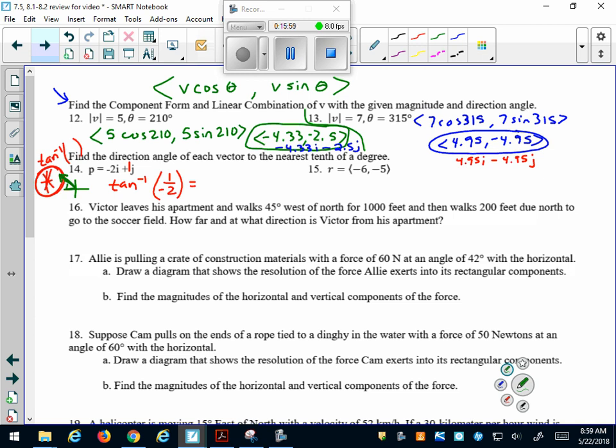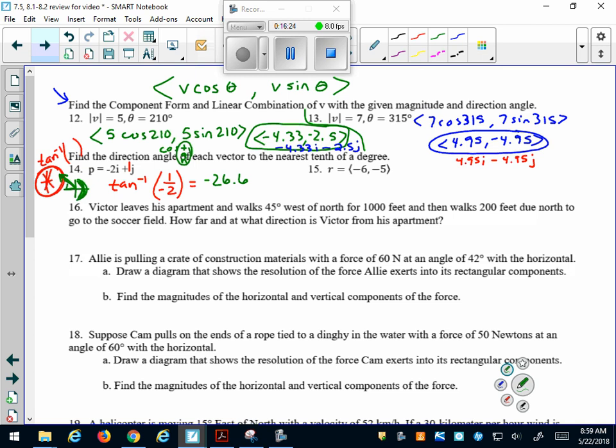So when we do inverse tan, that's always going to give us a degree measure that's between negative 90 and 90. Remember when we did cos tan, the tan was always these two quadrants. So when we put this into our calculator, we get negative 26.6.